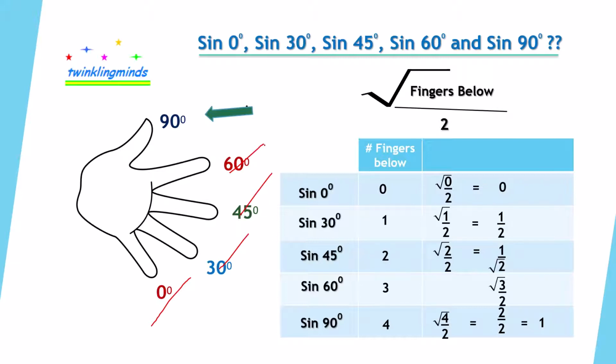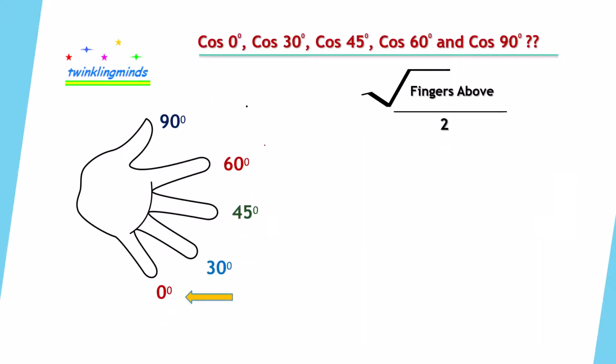Very easy, right? Value of sine 0 degrees is 0, sine 90 degrees is 1. And now we will move to cosine. What are the values of cos 0 degrees, cos 30 degrees, cos 45 degrees, cos 60 degrees and cos 90 degrees? The formula is little different.